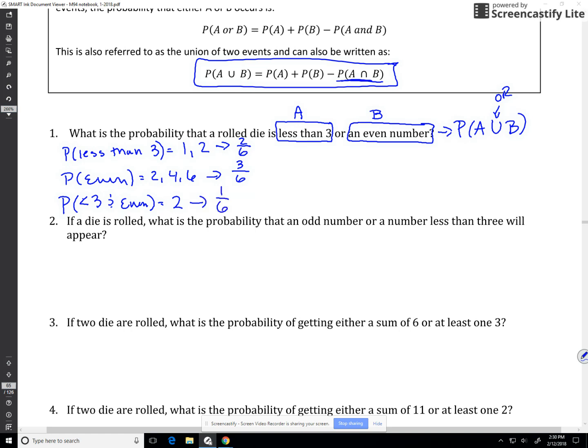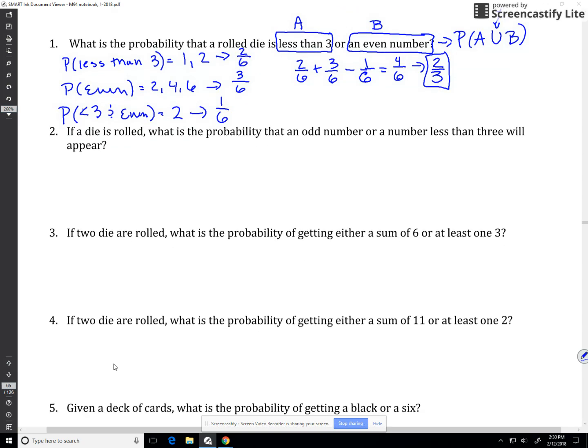So again, using our formula here, I have the probability of A plus the probability of B minus their intersection. So 2/6 plus 3/6 is 5/6. 5/6 minus 1/6 is 4/6, which reduces to 2/3. So the probability that a die is rolled and the number is less than 3 or an even number is 2/3.